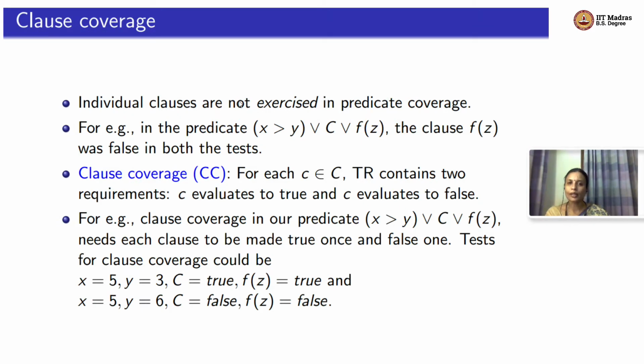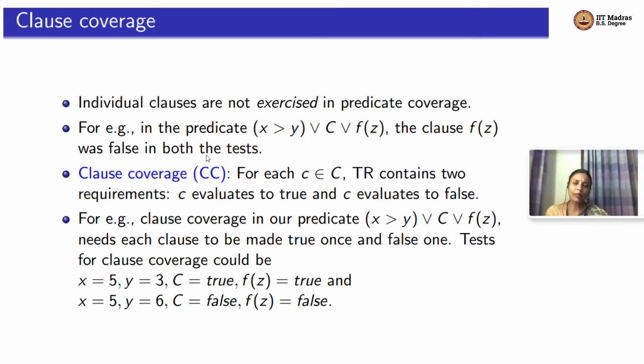Individual clauses don't get exercised. By exercised, we mean they don't get evaluated to different true and false values in predicate coverage. We can still achieve predicate coverage while an individual clause stays true or stays false. For example, in this predicate, in the previous slide that we saw, both the cases for predicate coverage, the clause f of z stayed as false.